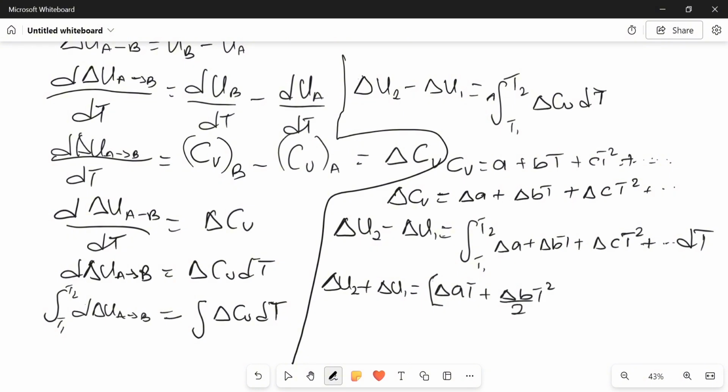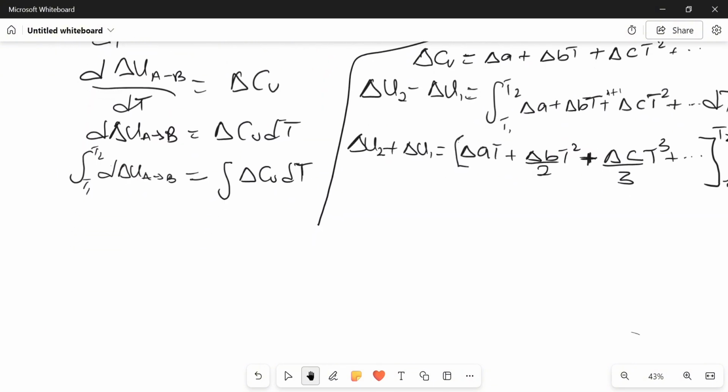We should not forget this is T to the power 1, so we have 1 plus 1 divided by 1 plus 1, which is 2. The next thing I'm going to have here is change in C over 3 T cube plus so on and so forth, evaluated between T2 and T1.